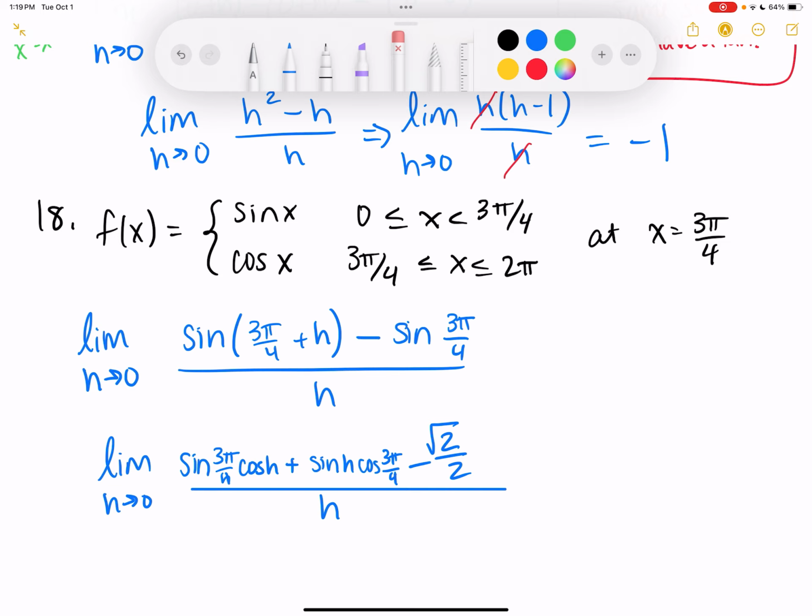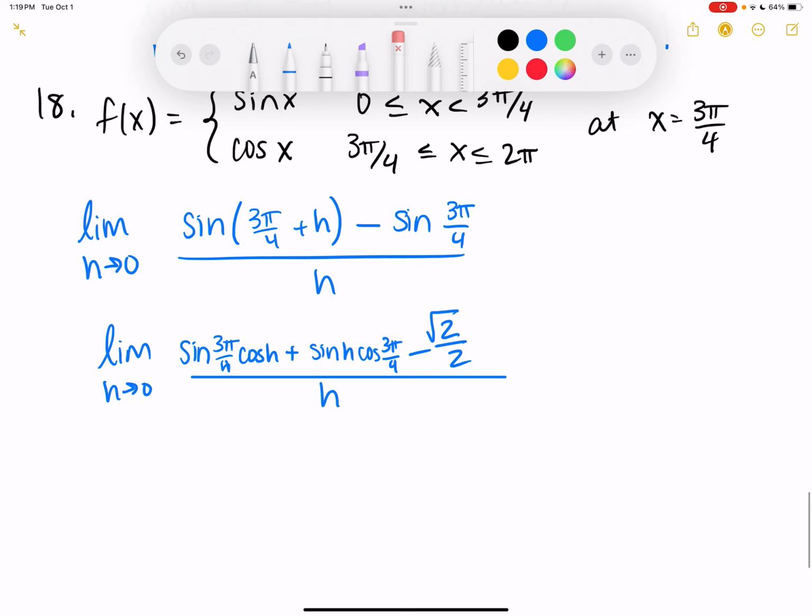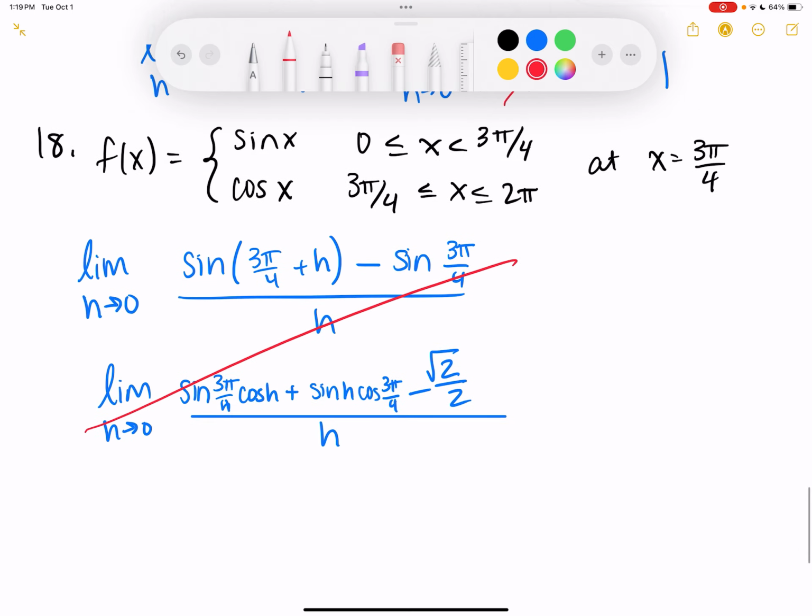Well, it was good to review those things. We're just gonna take the L on that. If we were graphing it, the sine of 3 pi over 4 is root 2 over 2, but the cosine of 3 pi over 4 is negative root 2 over 2.